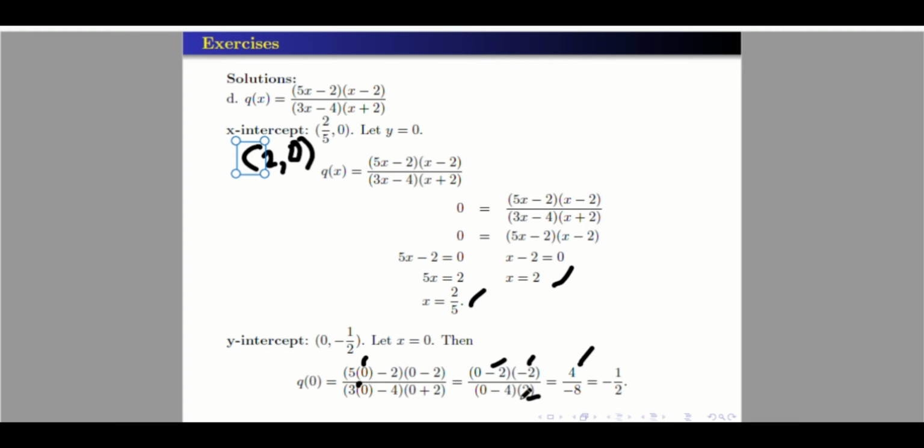Negative 4 times positive 2 is negative 8. So we have 4 over negative 8. So in lowest terms, this is equal to negative 1/2. So therefore, our y-intercept is x is 0, and our y is negative 1/2. Okay, so on the next video, we will be graphing these examples.